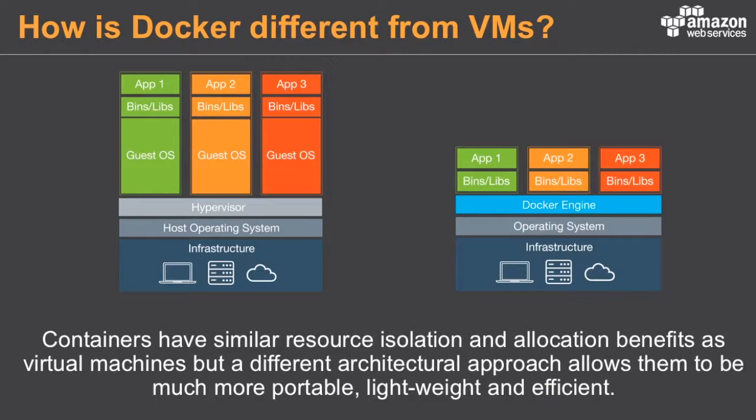On your left here, for example, if you look at a virtual machine running on top of a hypervisor, the virtual machine is potentially a very large VMDK or a very large file that consists of the entire guest operating system, any associated binaries and libs and anything else required for your application to execute.